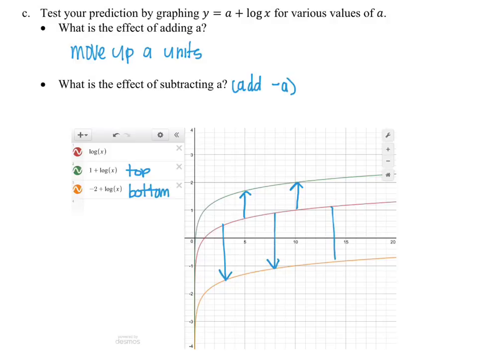It moves down a units. On this one I did negative 2 plus log x, so my entire graph moved down 2. So subtracting a is just going to move the graph down a units.